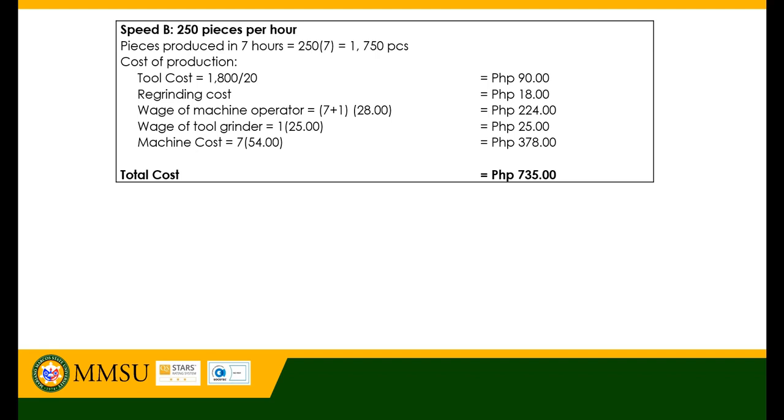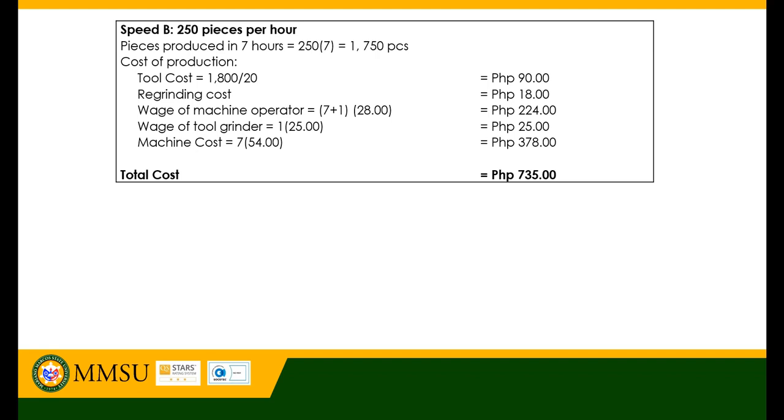Machine cost is the same for both speeds, so we multiply 54 pesos times 7 hours. So that's 378 pesos. So our total cost is 735 pesos for producing the 1,750 pieces.